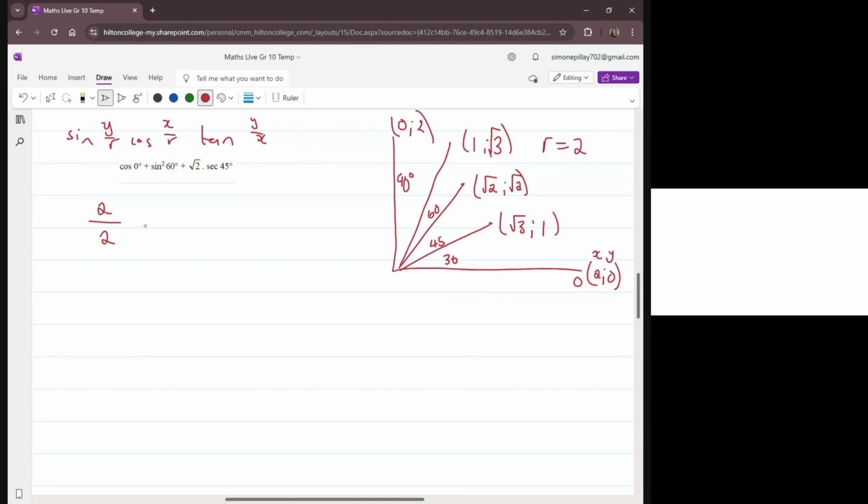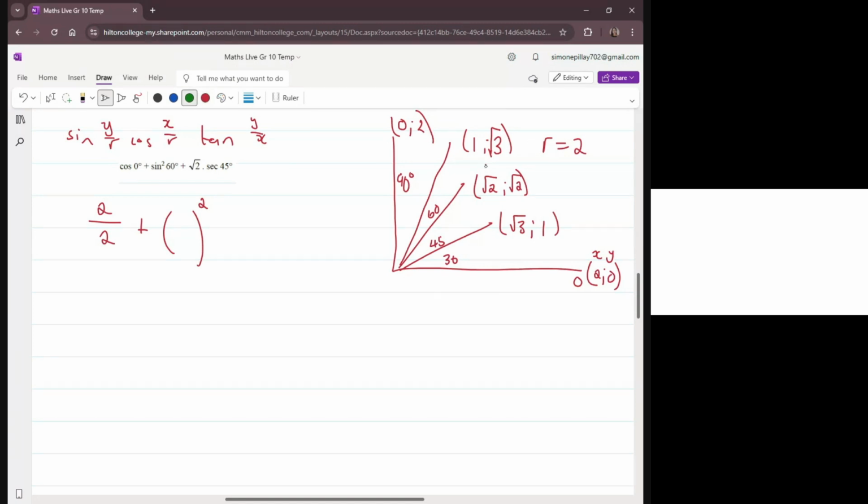There we go. Now we're doing sine squared of 60. So I still want to get my fraction, but it's going to be squared. So let's try sine of 60. Sine of 60, I know is going to be y over r. I look at my 60-degree line, my x value, and let me use green.